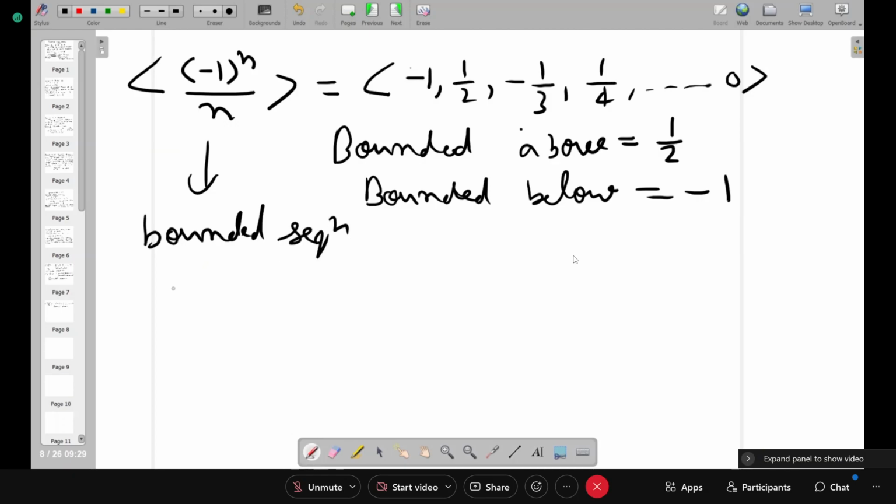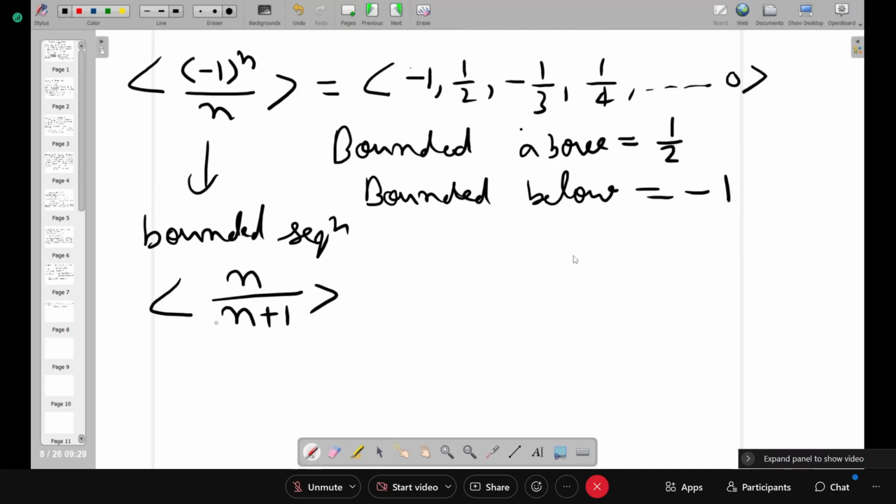Next example: suppose I am giving this sequence. Tell me, is this bounded or not? Yes, sir, it is bounded. Bounded below by 1/2 and bounded above by 1.